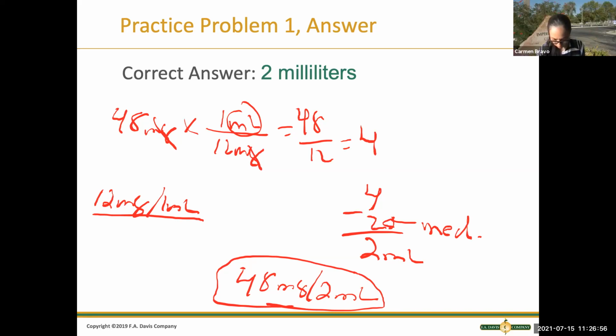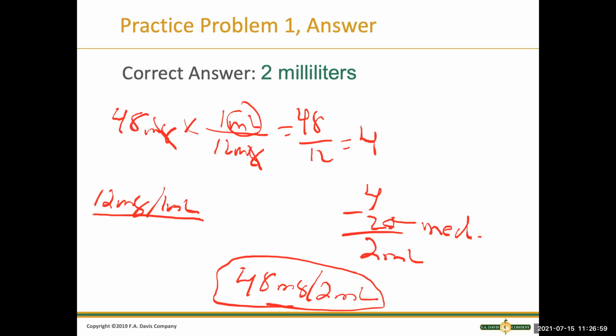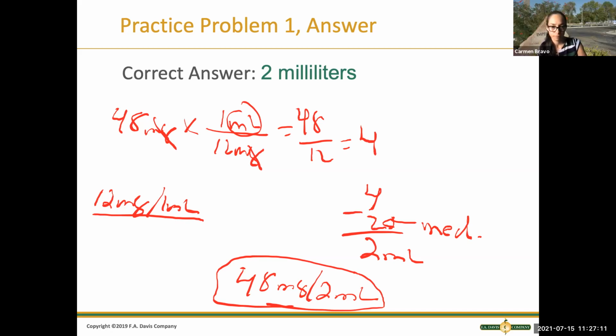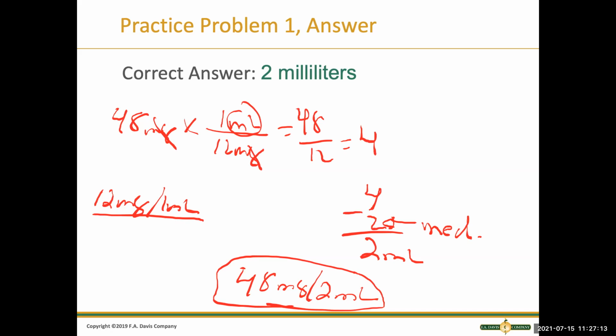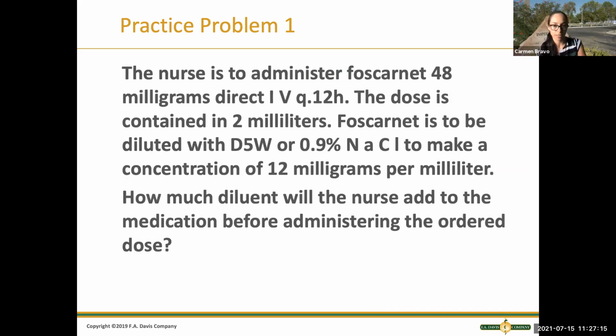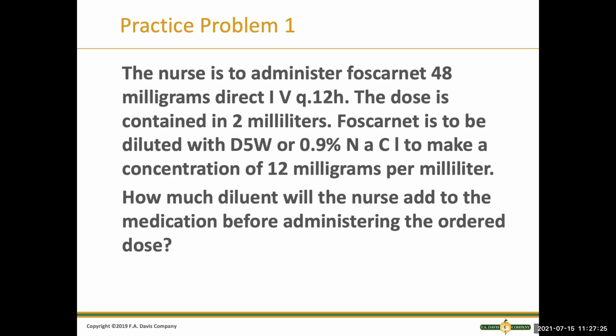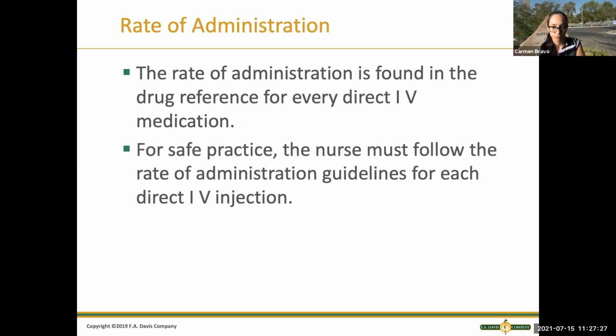So what it's telling you is to the vial that is 48 milligrams per 2 mLs, you're going to add 2 mLs of diluent, because then with the diluent that equals 12 milligrams per ml. Once you add those 2 milliliters, it's going to come to this dosage strength or concentration. That makes sense. So that's basically what it is telling us to do.